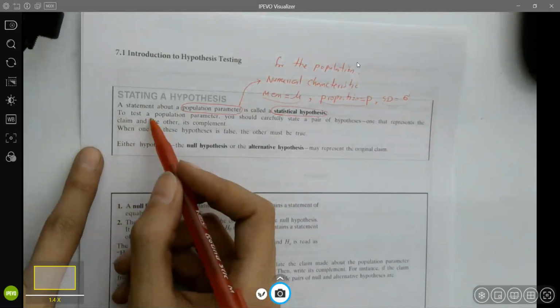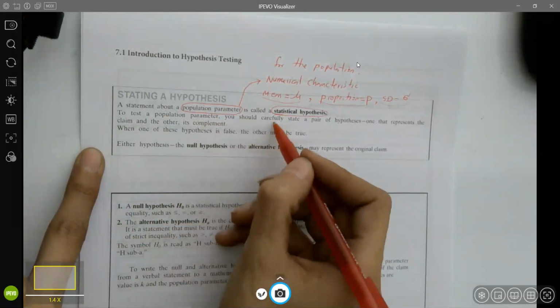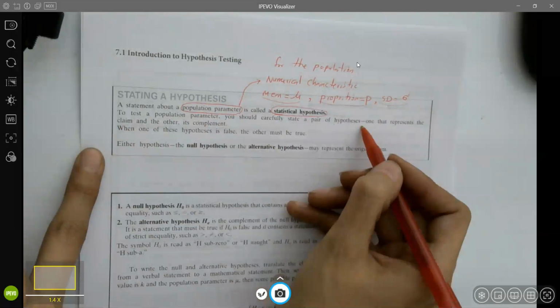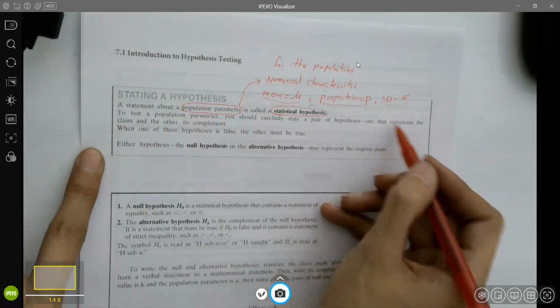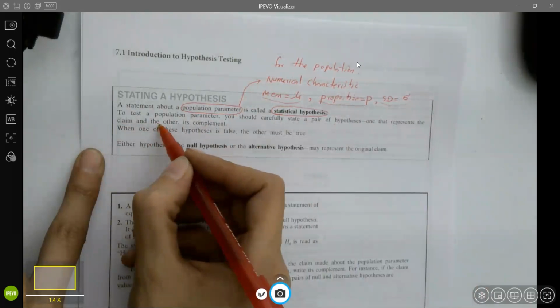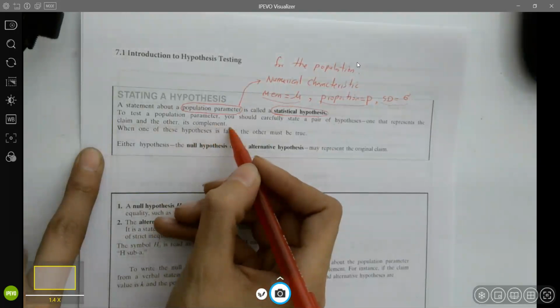To test a population parameter, you should carefully state a pair of hypotheses, one that represents the claim and the other which is just its complement, or the opposite.